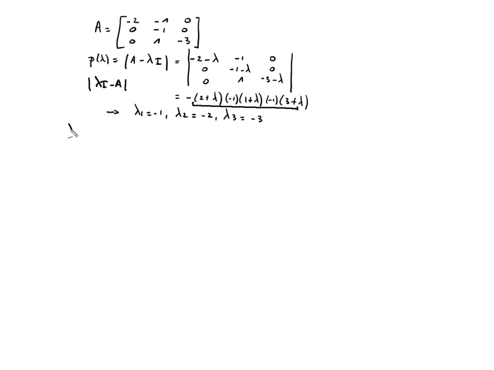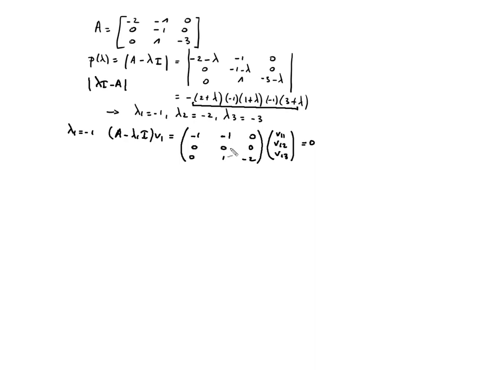So we'll start with λ1 equal to -1. What we'll do is write (A minus λ1 I) times v1, and in this case this will be the matrix with rows (0, -1, 0), (0, 0, 0), (0, 1, -2) times v11, v12 and v13, equal to 0.